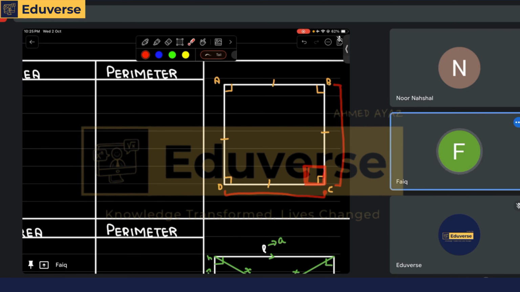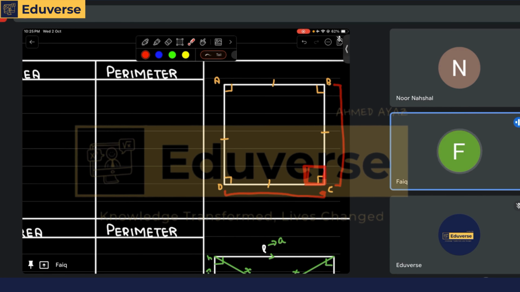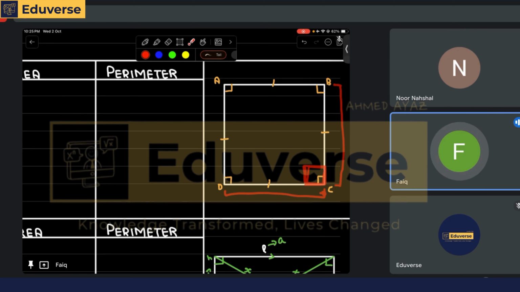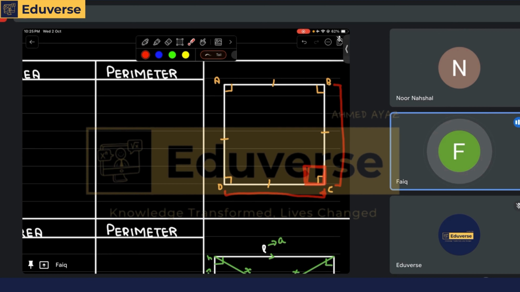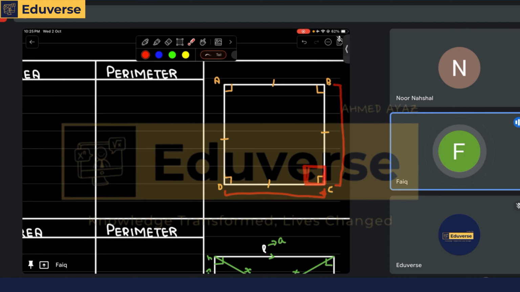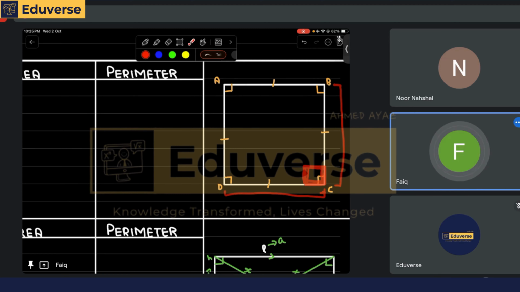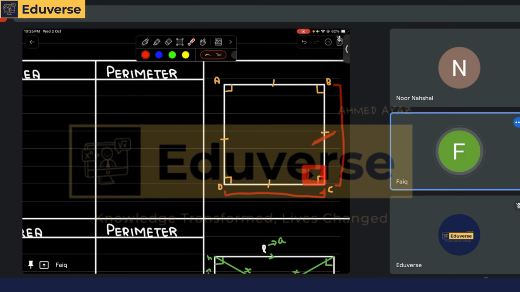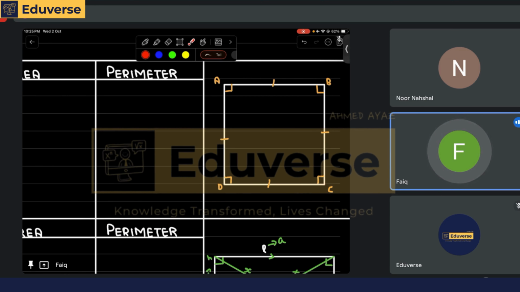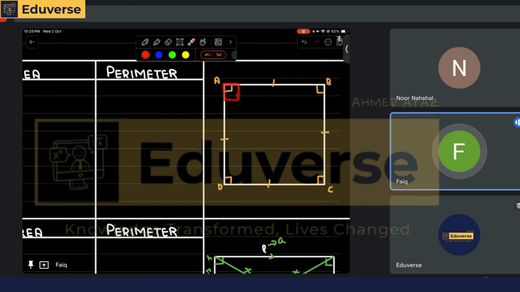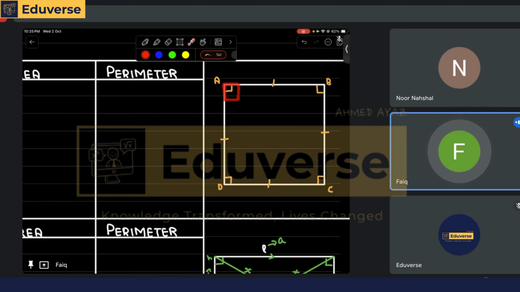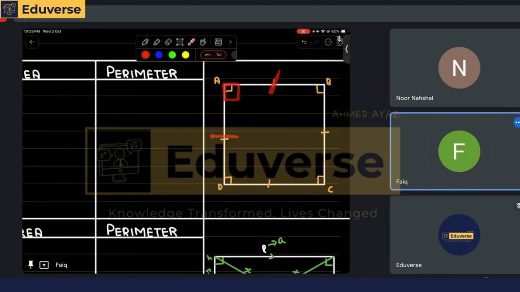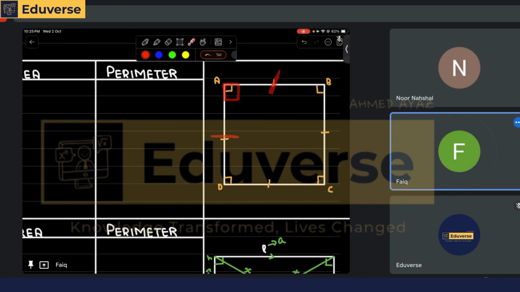So I hope this is clear to you that whenever we are dealing with any four-sided shape, we just have to multiply the neighboring sides of the 90-degree angle. So this is a 90-degree angle. So the neighboring sides will be side BC and side DC. Now let's say if I take angle A, the neighboring sides of angle A will be side AB and side AD. Is that clear, Noor?